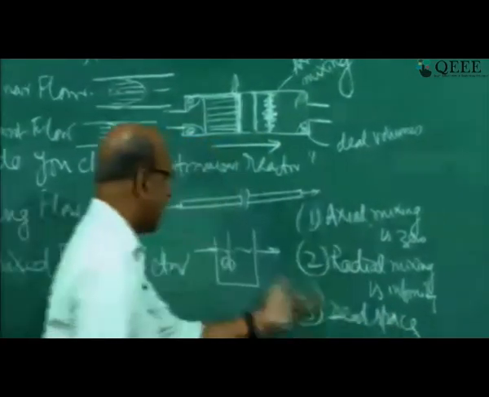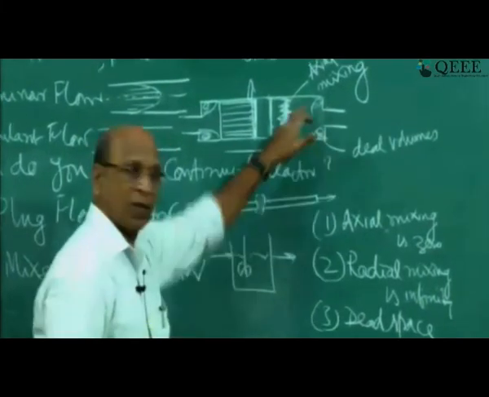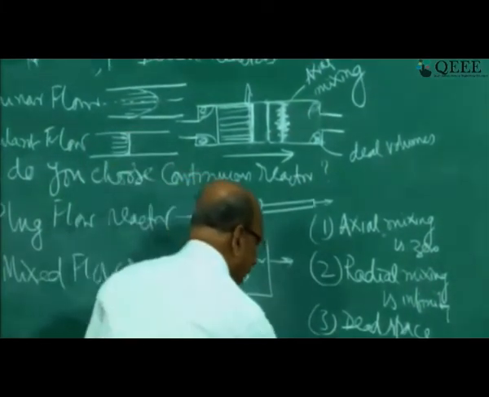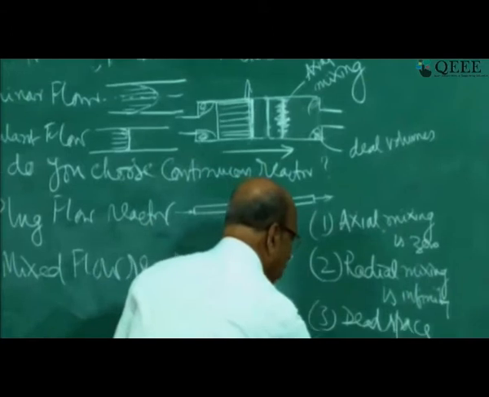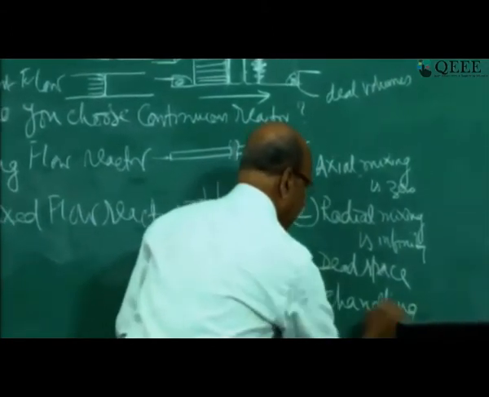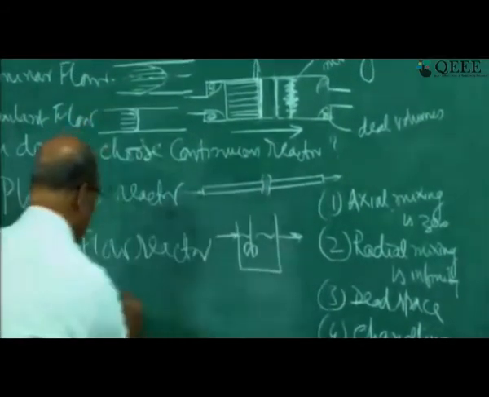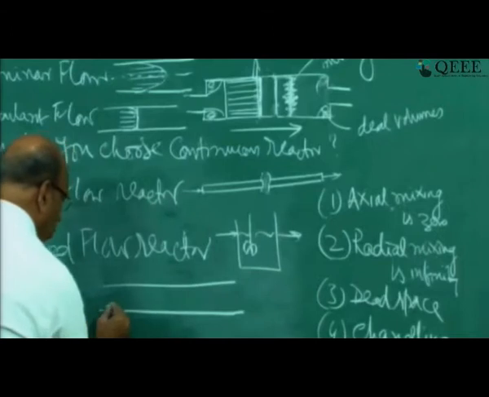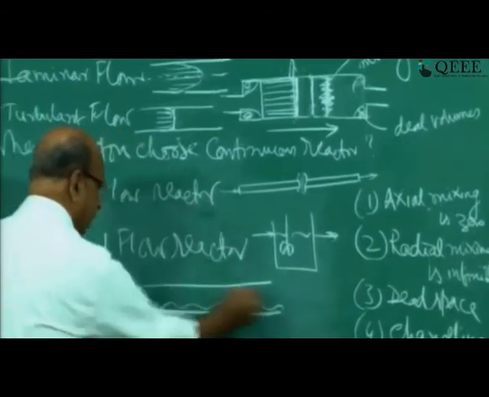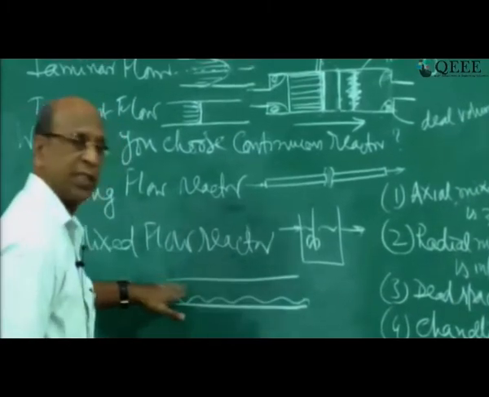This dead space normally will be only in the corners. There is another thing also: channeling should not be there. That means if I have a tube like this, you cannot have flow only along one path while the rest is not occupied. This is channeling.